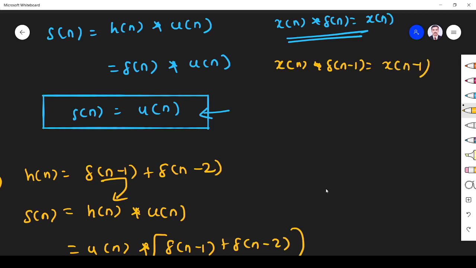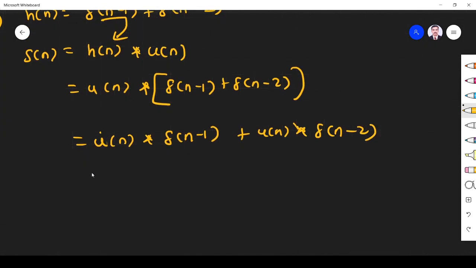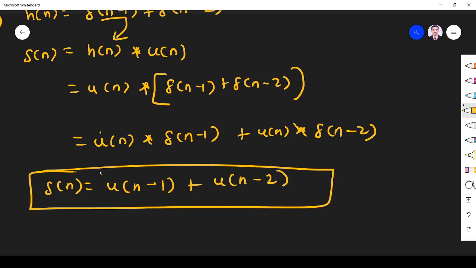Similarly, u of n star del of n minus 1 will give u of n minus 1, and u of n star del of n minus 2 will give u of n minus 2. That is s of n. This is the answer.